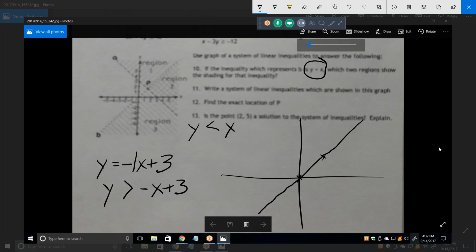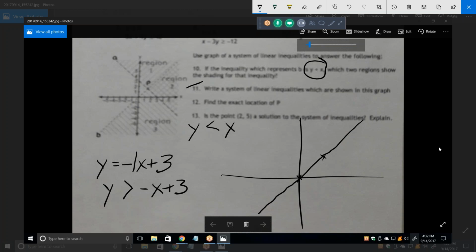In other words, by looking at the graph, we can come up with the inequality. So we've answered 10 and 11. Find the exact location of P. How do you do that? So you can plug in a point to one of those equations or both of the equations. How do you find out where two lines cross?